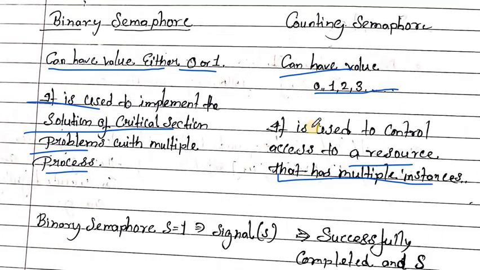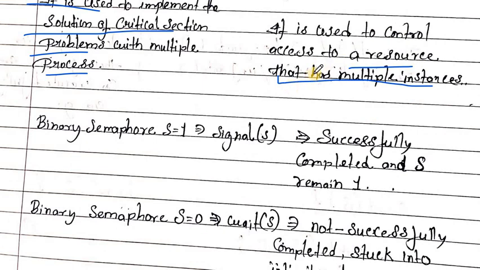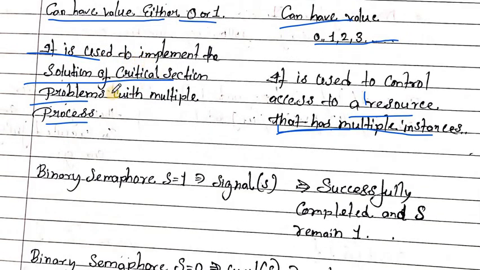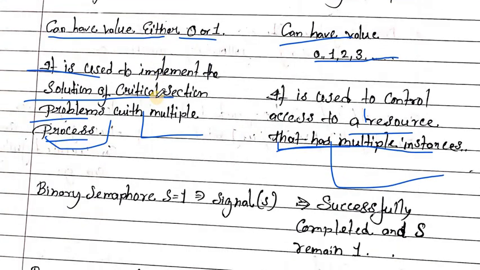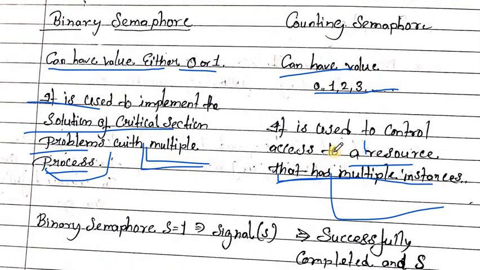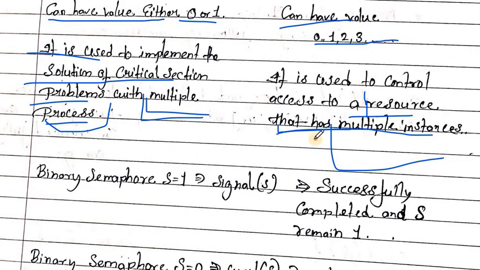The counting semaphore is used to control a resource that has multiple instances. So the binary semaphore is used where there are multiple processes, and the counting semaphore is used where a resource has multiple instances.